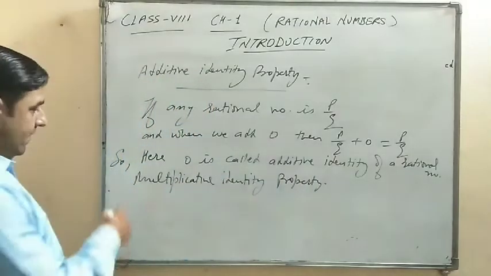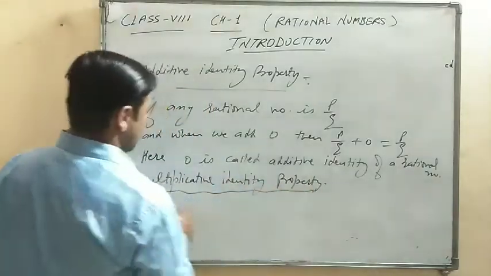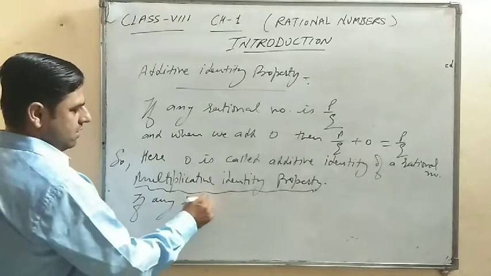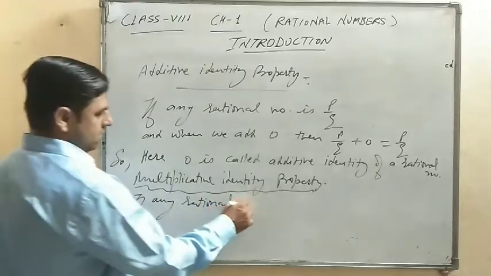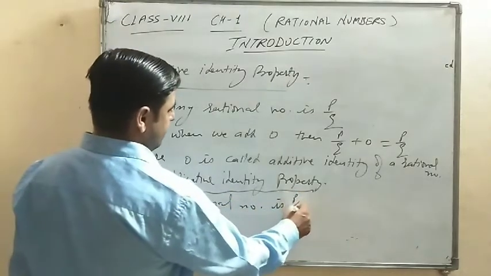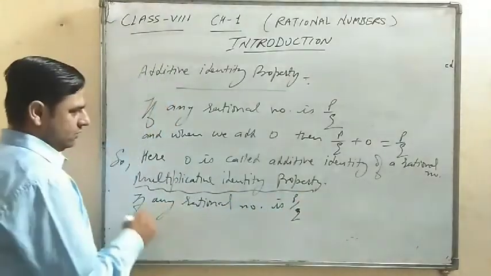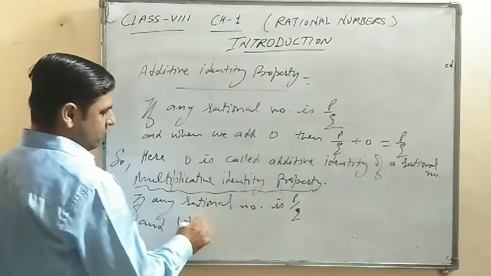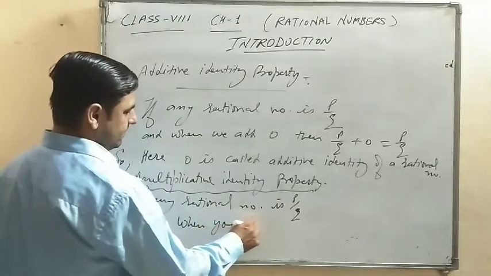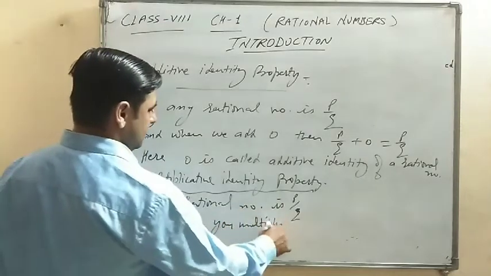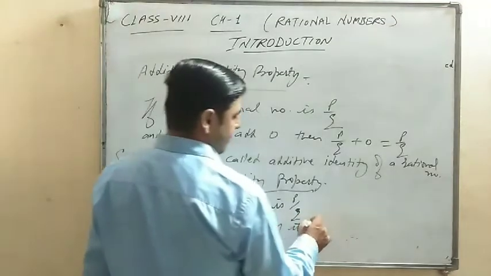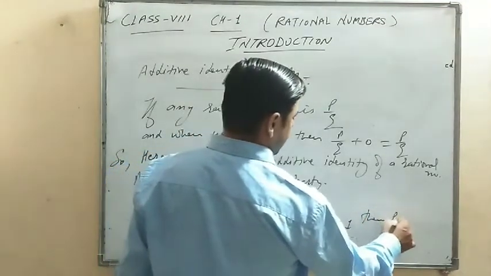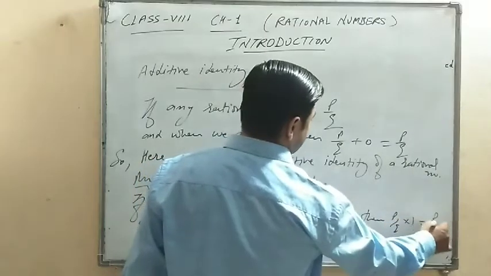So when you multiply 1 to any rational number, so if any rational number is p by q, and when you multiply it with 1, then there is no change.